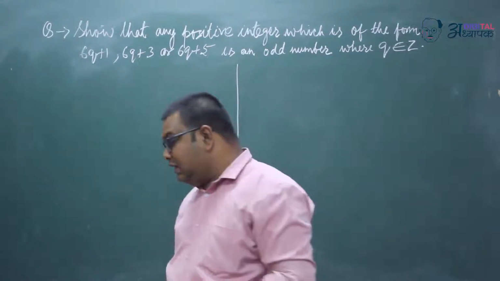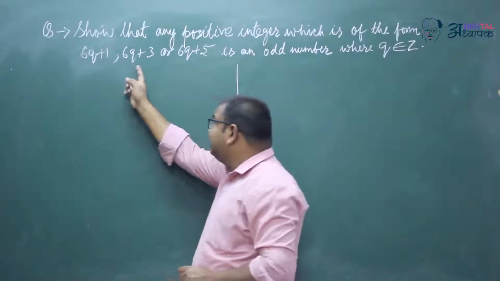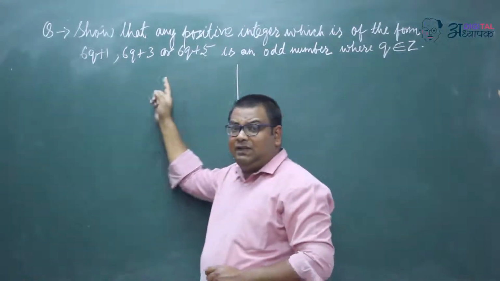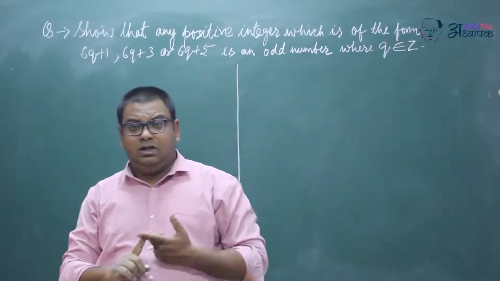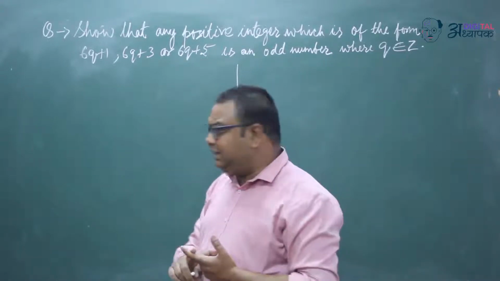Now students, what we have to show is that this 6q plus 1, 6q plus 3, 6q plus 5, if they are odd, then they can be represented in the form 2q plus 1. They cannot be represented in the form 2q plus 0. So let us start.